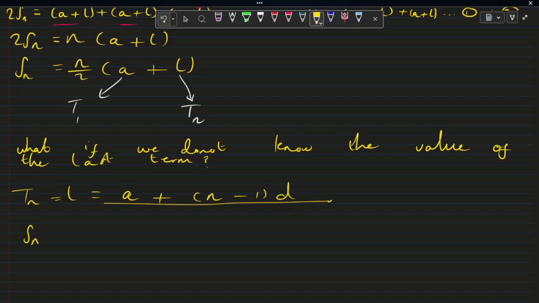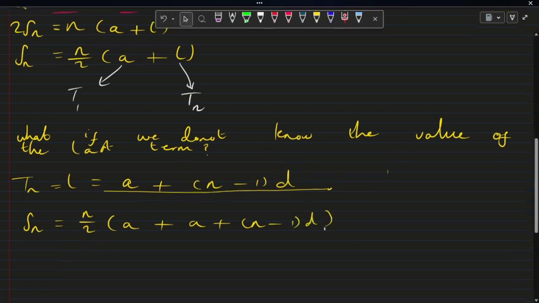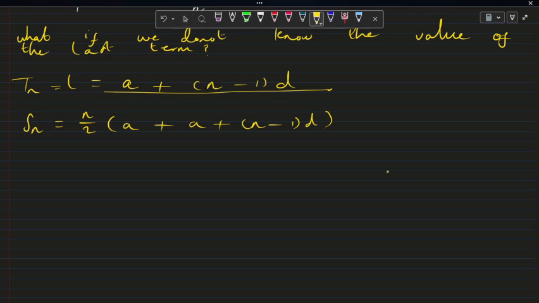So now our Sn equation will be n over 2. We have a. Instead of writing L, I will write a plus (n minus 1) times d. And then I can simplify the situation.